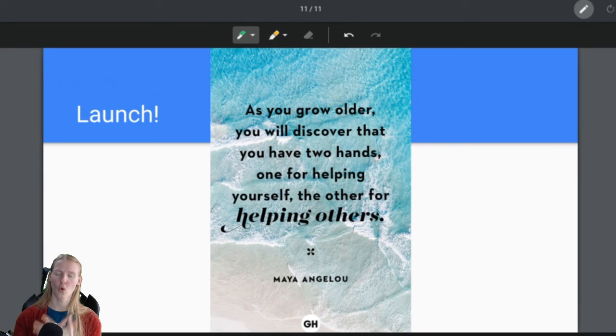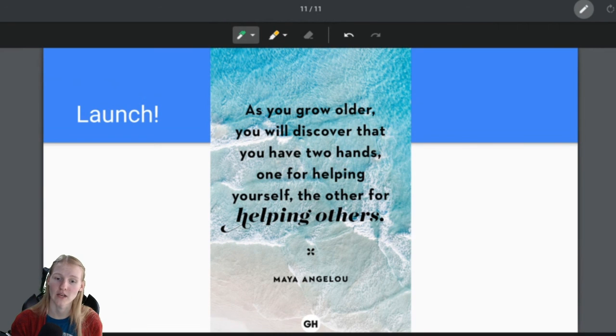You have to be whole and healthy in order to take care of others. So, 1 hand for helping yourself, but the other hand is for helping others. You don't want to have all your hands for yourself, because then that is maybe a little bit selfish. You want to have a hand for helping others, a hand for doing some good in the world, for making your life matter. What are you doing that makes a difference in the world?